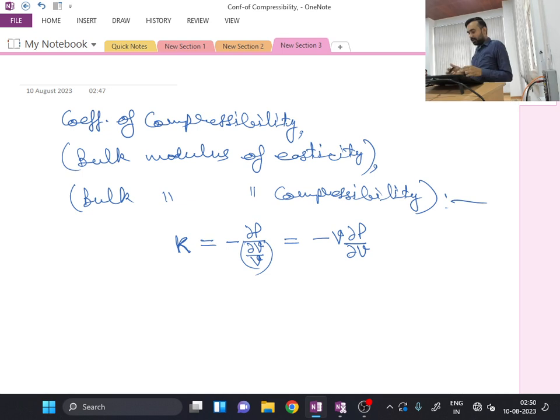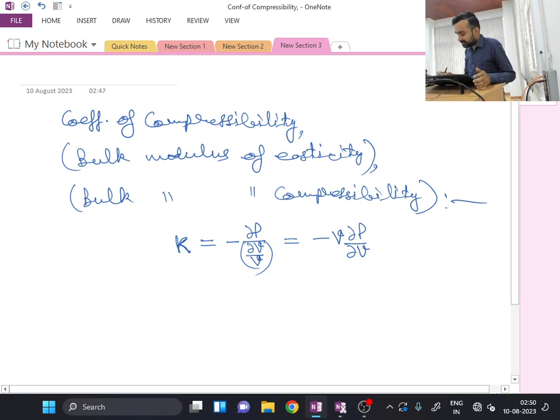That is the reason we try to maintain either temperature constant or entropy constant. For our fluid mechanics applications, majority of the time if heat transfer is not involved, the temperature of the fluid remains constant. So for fluid mechanics problems we define it at constant temperature, and typically we call it the isothermal coefficient of compressibility.